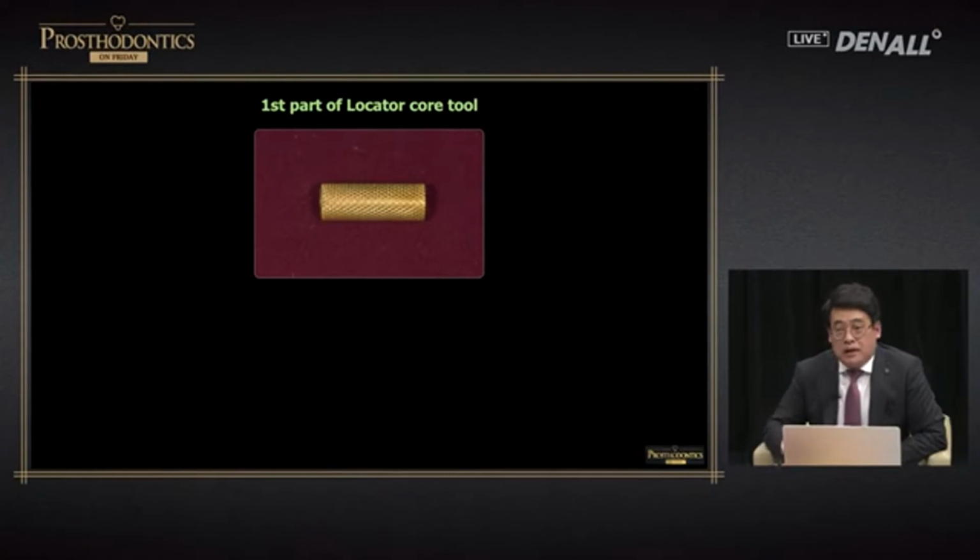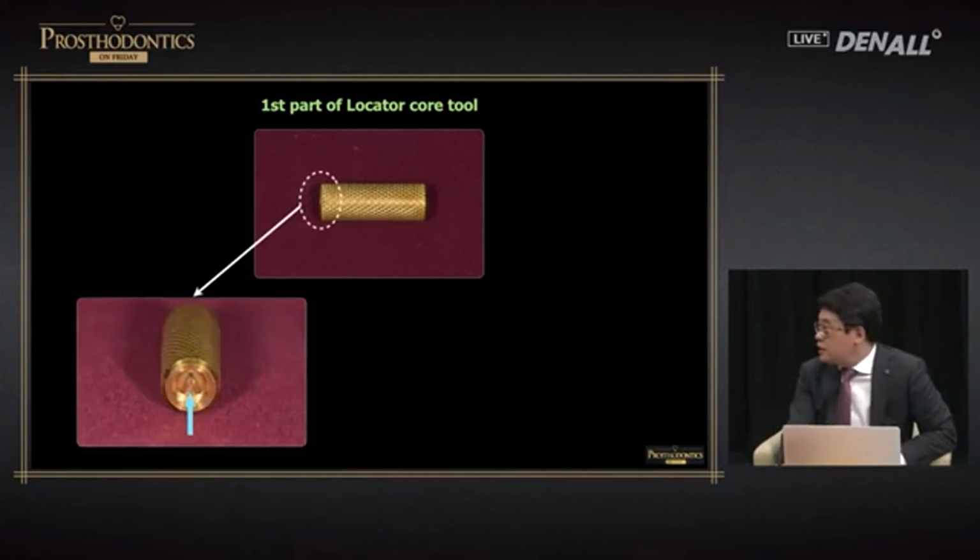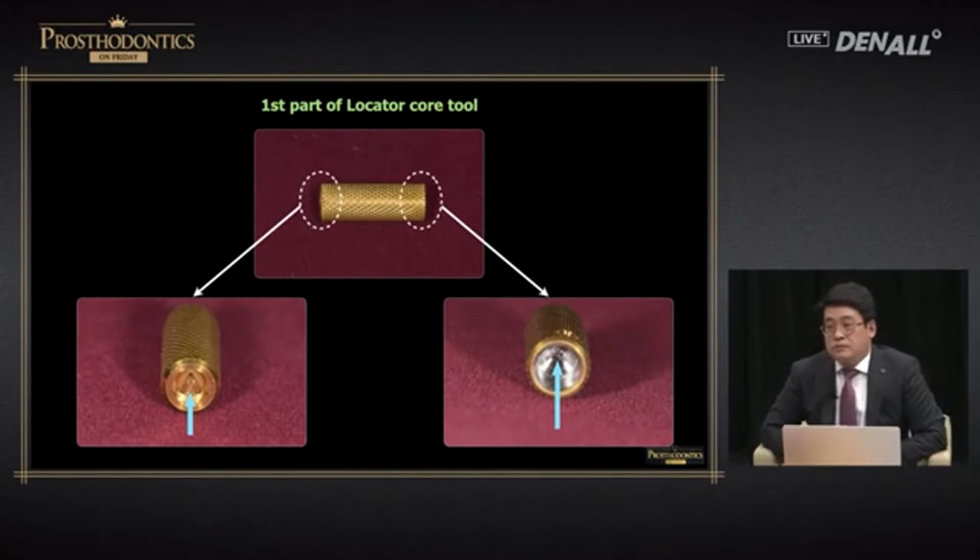If you take a closer look, on one side, it is designed to engage the locator. On the screen, you can see how it is designed. On the other side, there is a hole for the hex driver to go in.